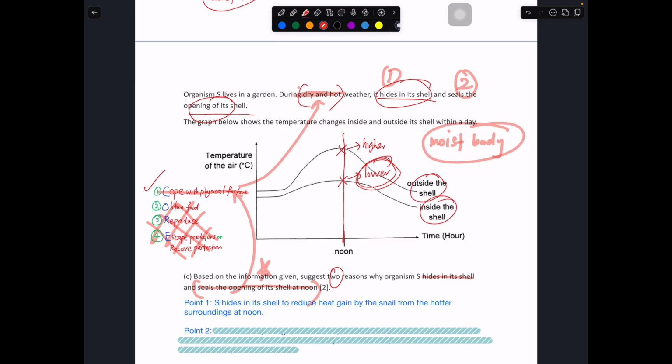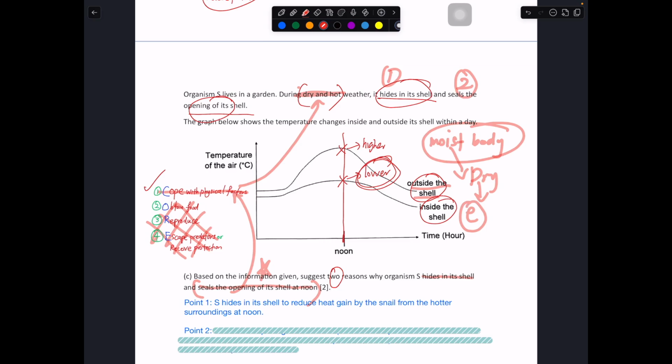So in this case, you think about it. If the snails were to not hide and expose itself during the day when it's very hot, what will happen? Its moist body will become very dry, as there will be a lot more evaporation. So why is it sealing it up?